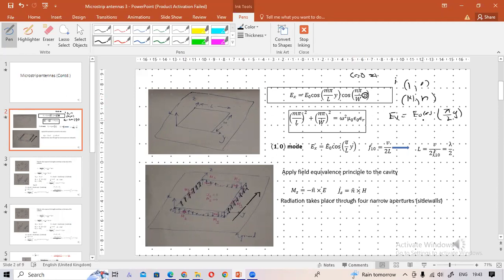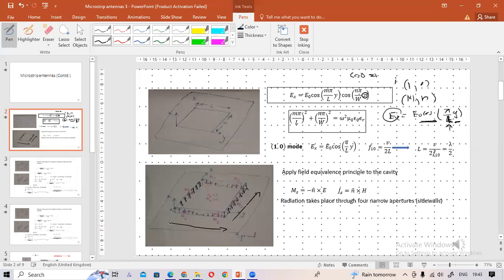But in the Y direction, that is the length direction, the E field is changing according to E naught cos(πy/L). Here L is the length.